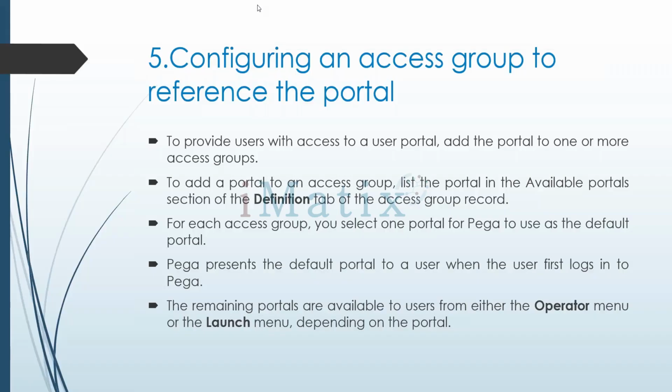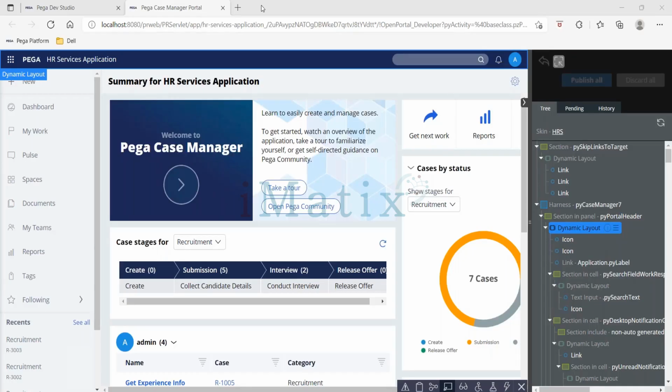Look, these 5 steps define how you would like to customize the user portal. Let's go ahead. We'll try to do this directly.